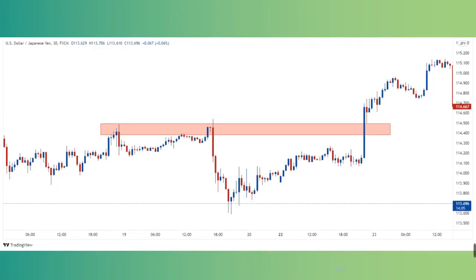So the last one, things that I tend to avoid. So for example, we have a zone over here. What happened is that the price violated, tested, and not only that, the price reached above this zone. It violated this zone.